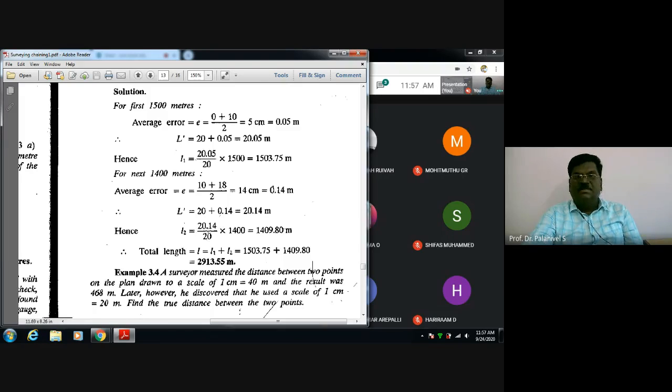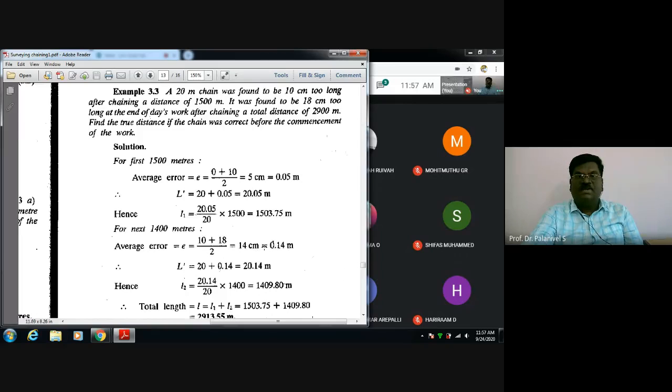L2 dash into L dash divided by L. Capital L dash divided by capital L. That is 1400 into 20.14 divided by 20, which is equal to 1409.8 meter. Therefore the total true length is L1 plus L2. Add them, we will be getting 2913.53 meter. This is the true length of the survey line, but it was measured actually 2900 meter only.